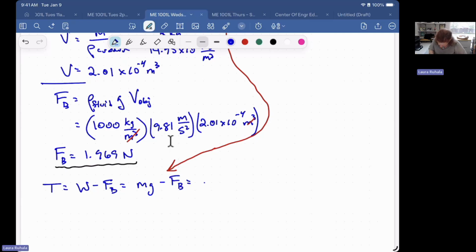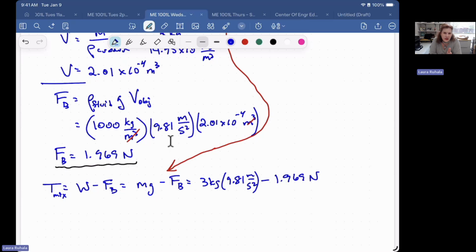The mass was 3 kilograms, gravity 9.81 meters per second squared, that was given in the problem, which is going to be a newton, minus the buoyancy force, which was 1.969 newtons. Okay, so let's call this the tension.